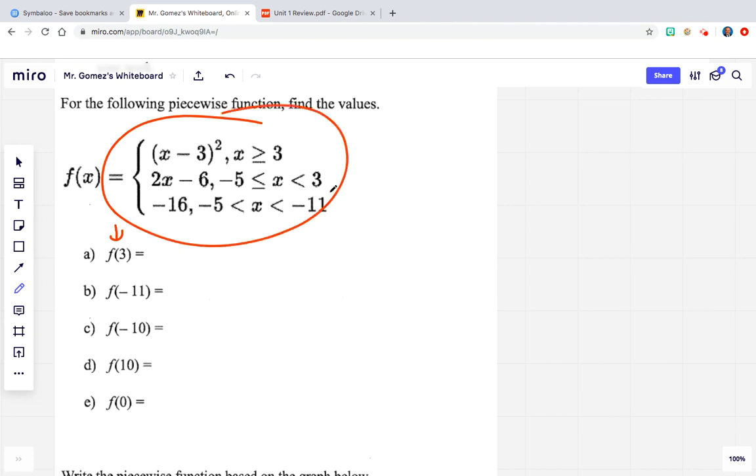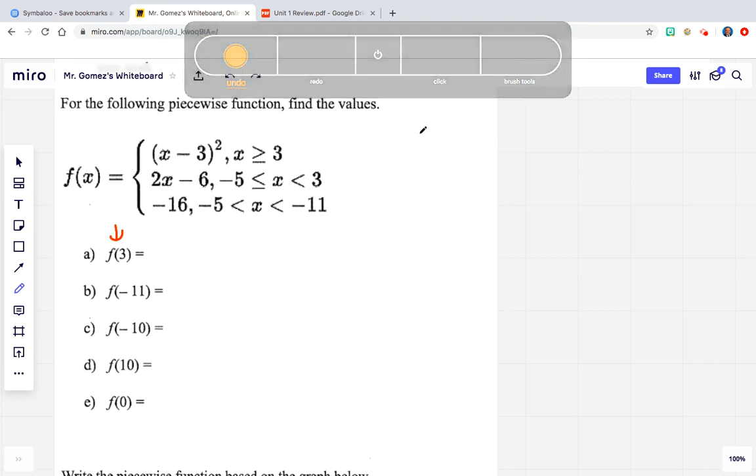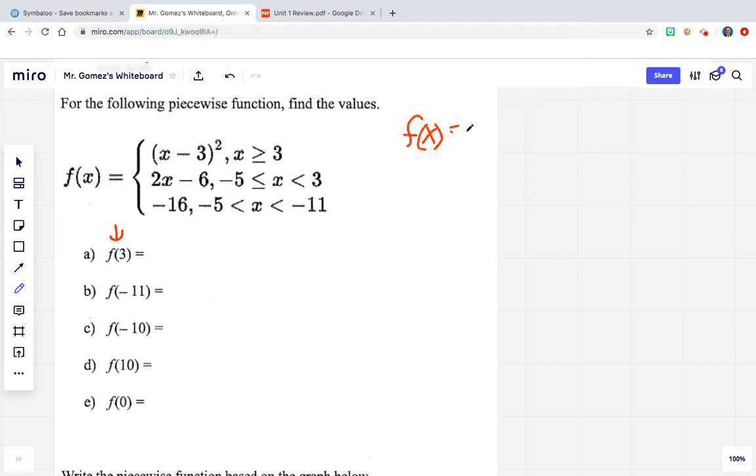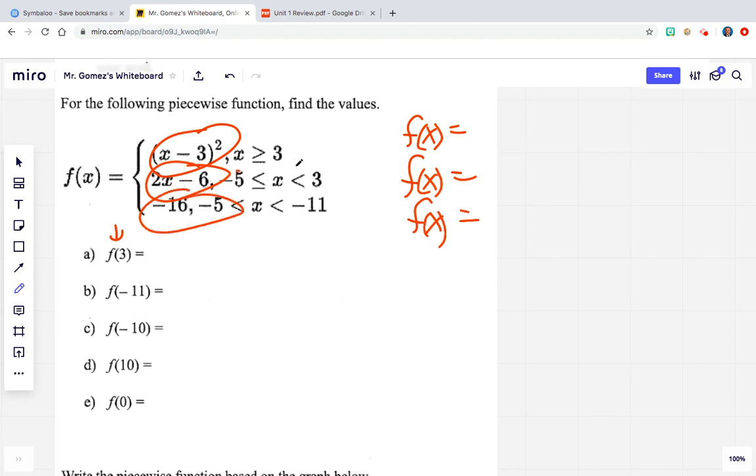Now, don't let it confuse you, because this is the same as if you were to have written f of x is equal to this first one, f of x is equal to this second one, and f of x is equal to this third one. There's three different places or pieces that these graphs exist, but they're all of them are still f of x. So don't let it confuse you, okay?